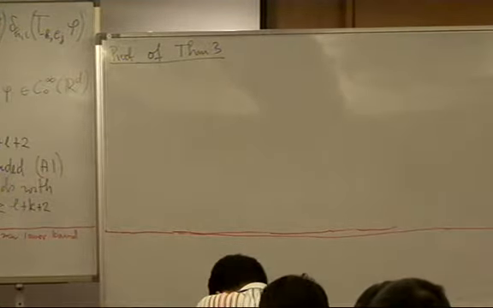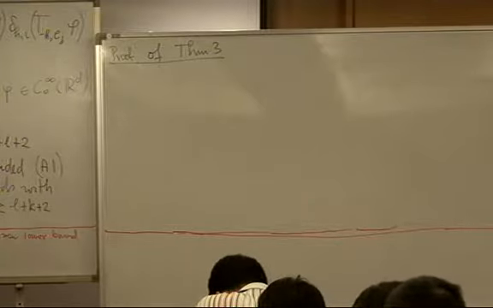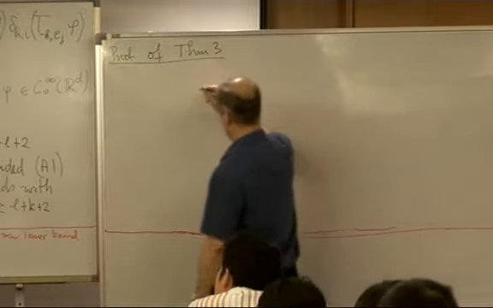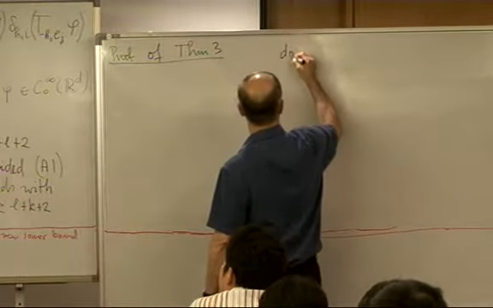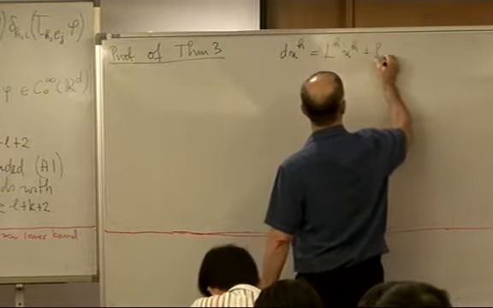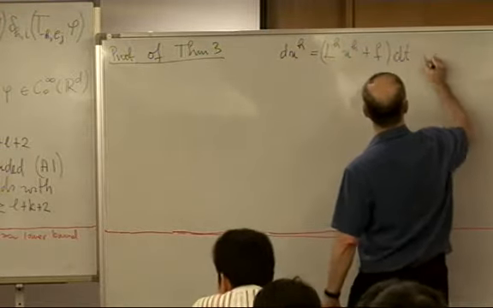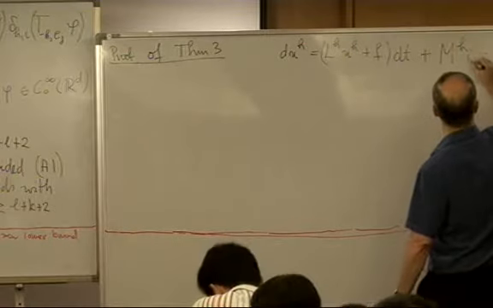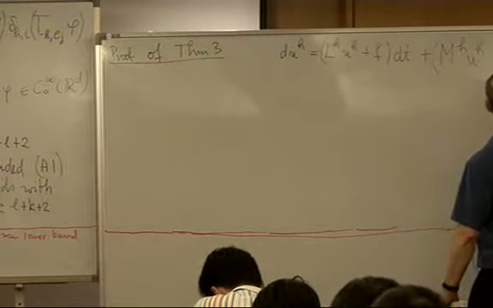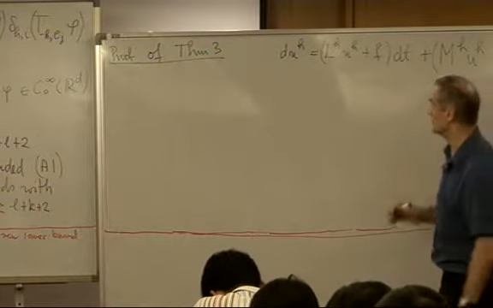So we take formally the derivative. Remember again, du^h equals L^h u^h plus F dt plus M^h u^h plus G dw_t, with initial condition.